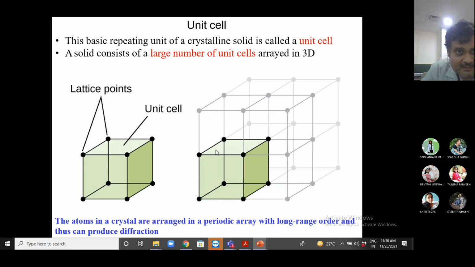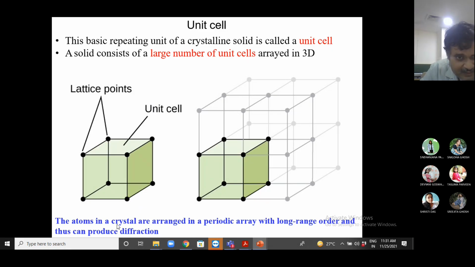So, the basic repeating unit of a crystalline solid is called the unit cell. A solid consists of a large number of unit cells arranged in 3 dimensions. This is the unit cell, and you see that if you go along x, y and z, you can reconstruct it. So, this solid is actually a repetition of this unit cell.